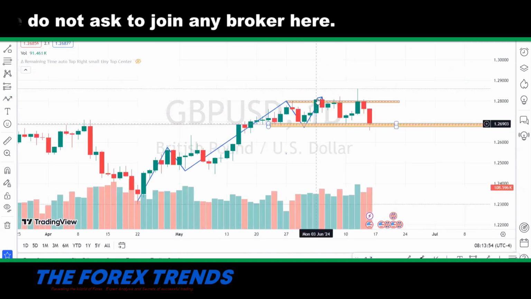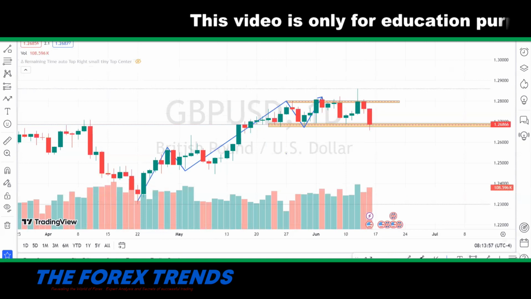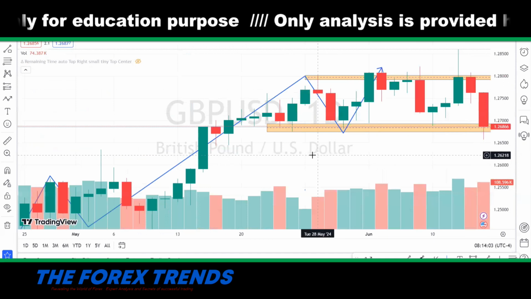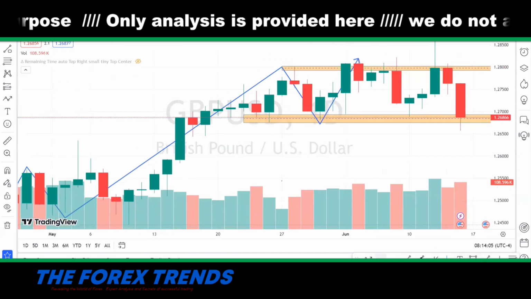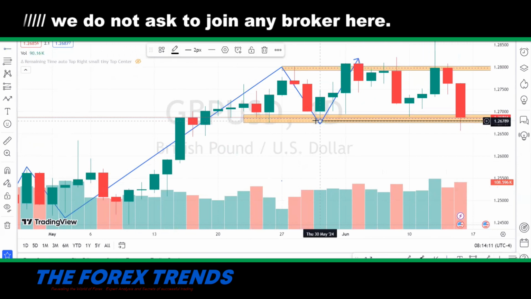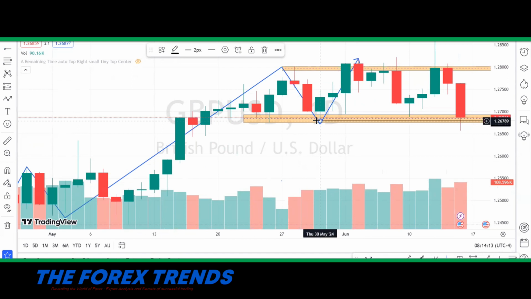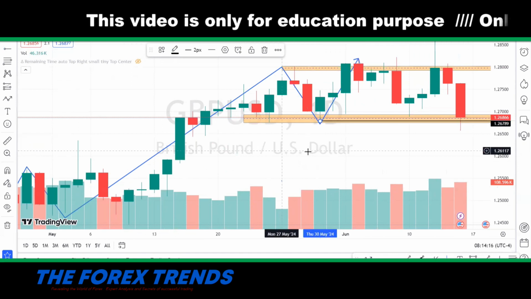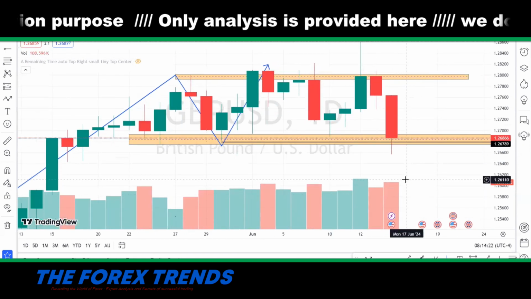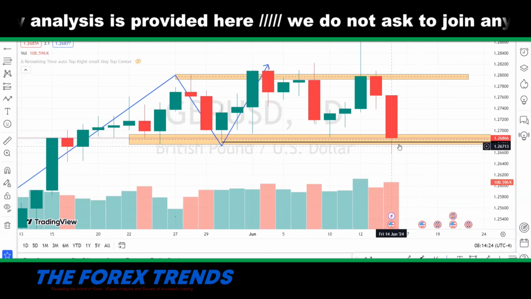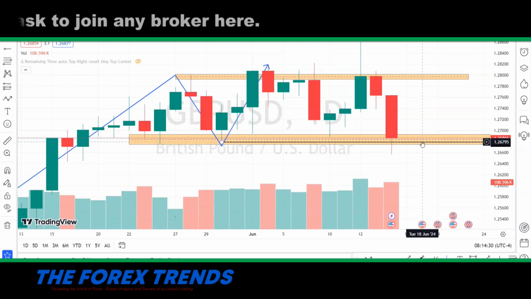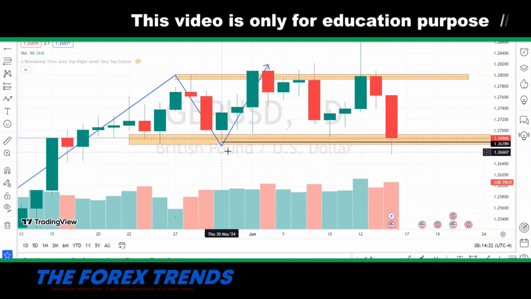So it is the last high, and until the market breaks the support, let me zoom, that is 1.2678 or 1.2680, we will remain bullish on GBP USD. If it is able to break this support and close at least two candles below this price, we'll shift our bias from bullish to bearish.